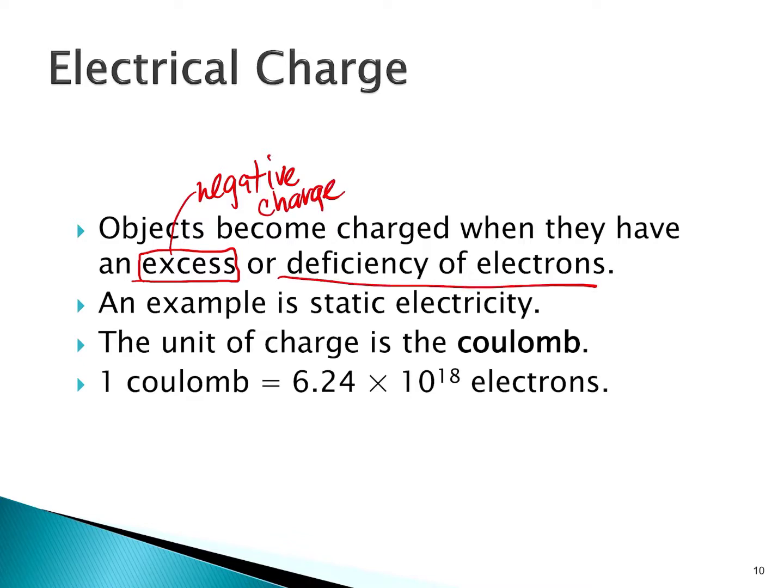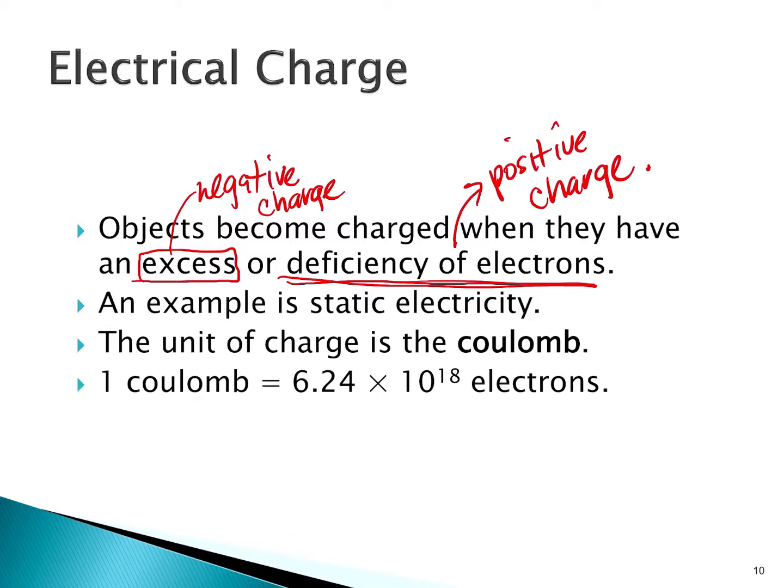If we were deficient of electrons, that means essentially the protons would take over and be the majority, and that would give us a positive charge. But the thing is, you can only have an excess or a deficiency of electrons. So when it comes to a positive charge, that's not described by extra protons, it's described by a deficiency of electrons. When they're gone, it leaves positive charge behind.